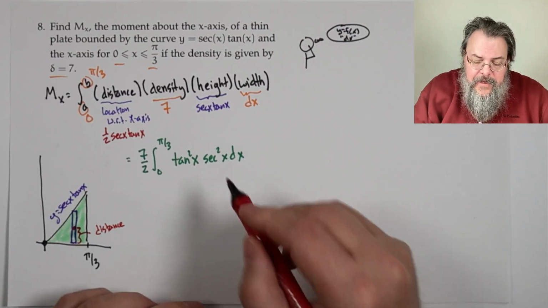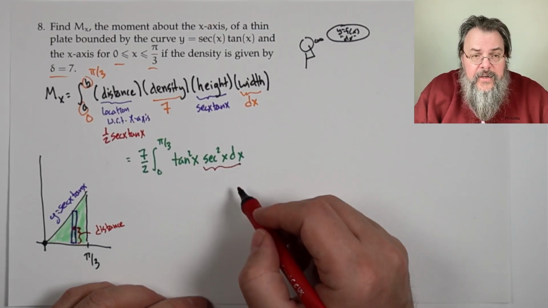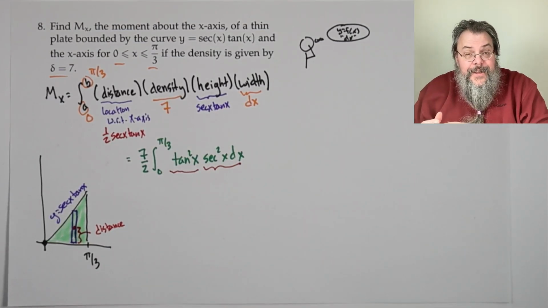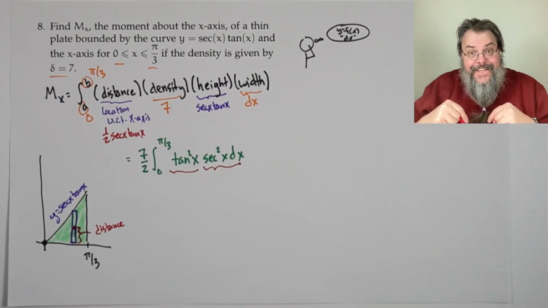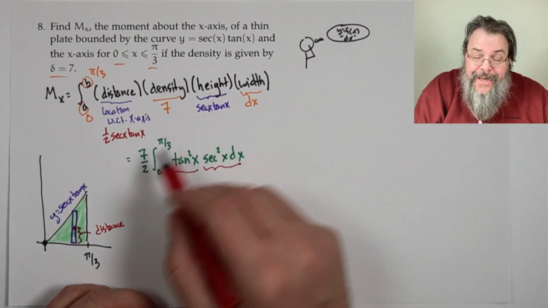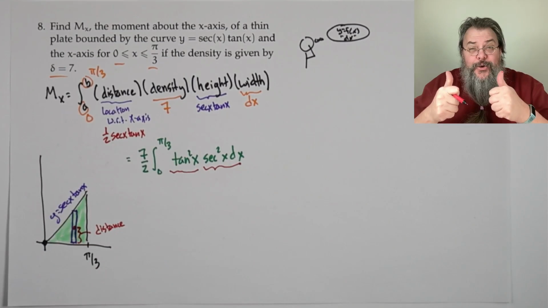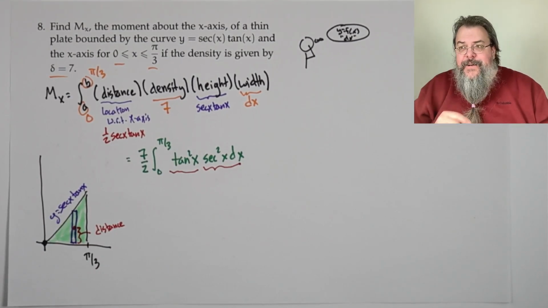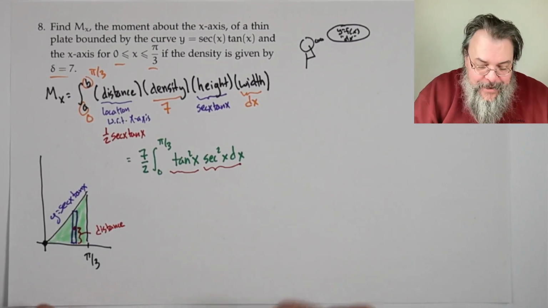Well, we have a secant squared, and then everything else is in terms of tangent. That's nice. So if you can pull a secant squared off on the end and write everything else in terms of tangents, two thumbs up to that integral. That is a nice integral. It's the kind of integral we would take home to meet the family.